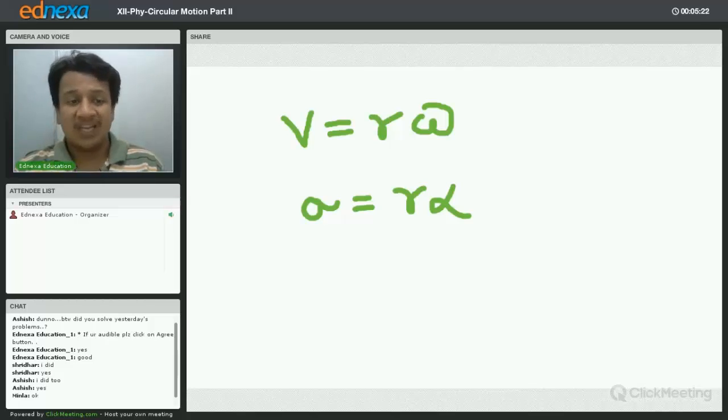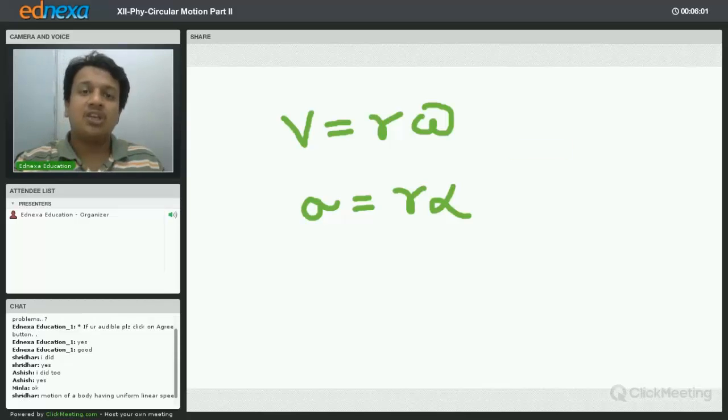discussed one concept, that is UCM, meaning uniform circular motion. What is uniform circular motion? Can you type it in the chat box? What does uniform circular motion mean? UCM is motion having uniform linear speed or uniform angular velocity. Or in other words, angular velocity will remain constant.